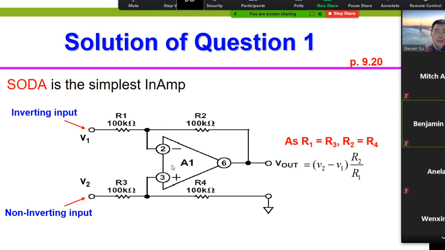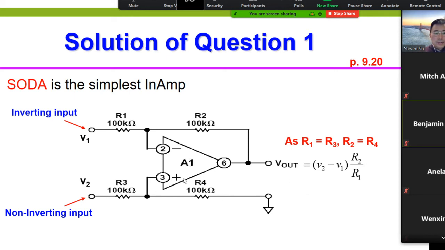What's the circuit name? Actually, it's a differential amplifier, right? Can you calculate the gain of this differential amplifier? If the resistance values are very accurate, then the gain is 1. So the differential gain is 1.